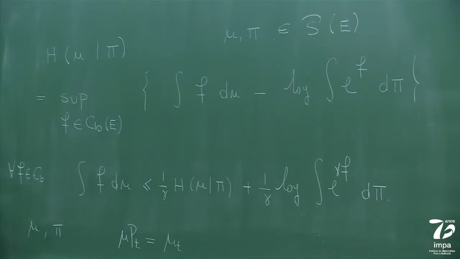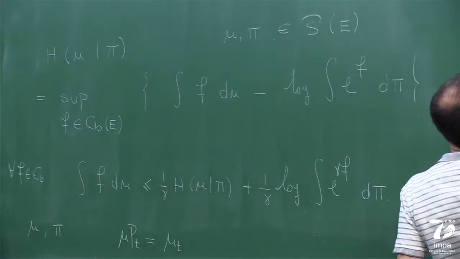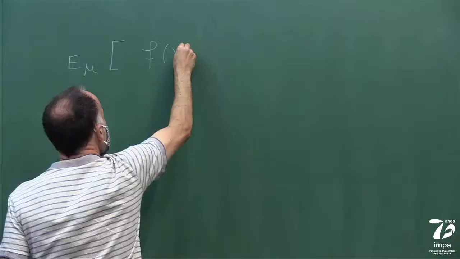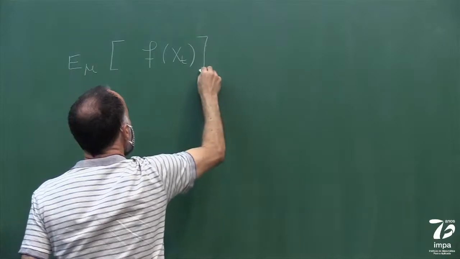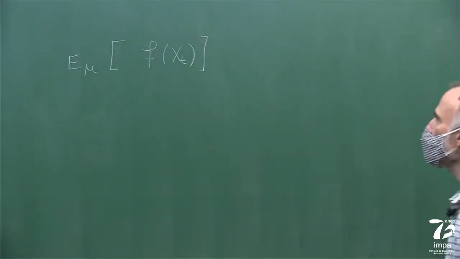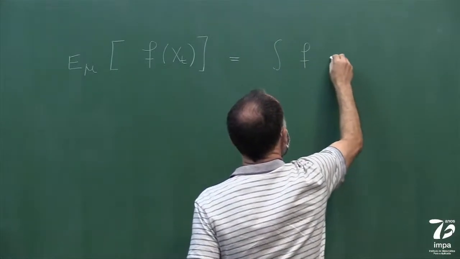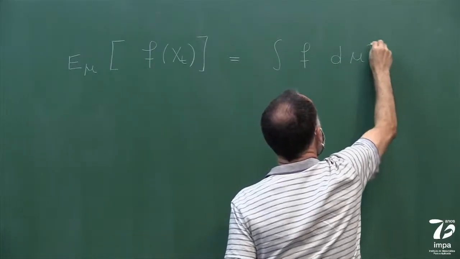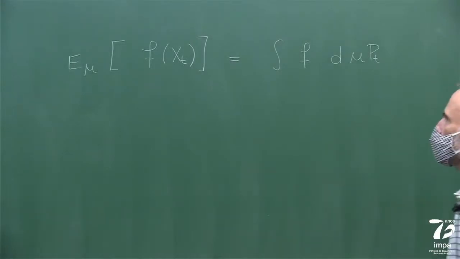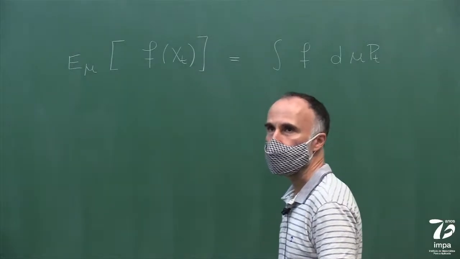And usually, you face the problem that you started from mu, you let the process evolve up to time t, and you want to estimate the expectation of a certain function f. So this is just the integral of f with respect to mu P_t. So it happens that you want to estimate such quantities.